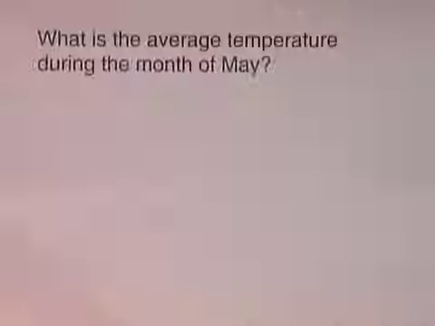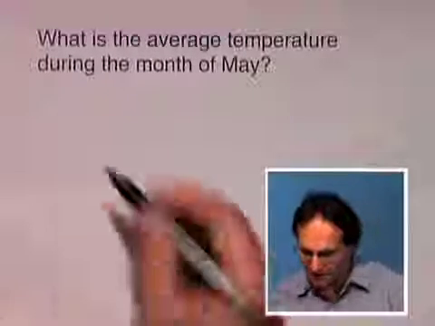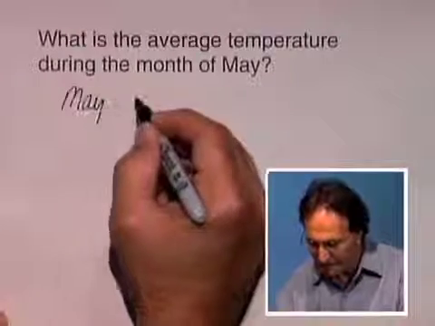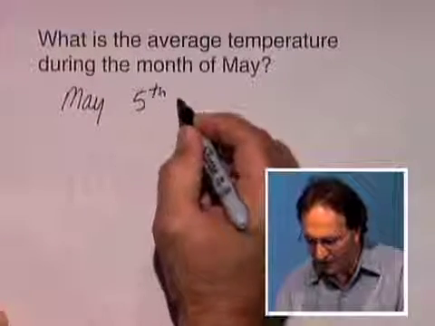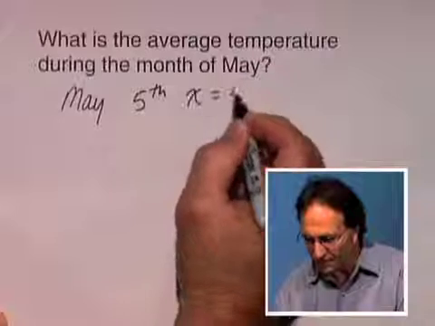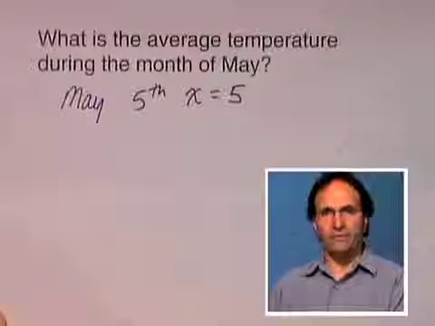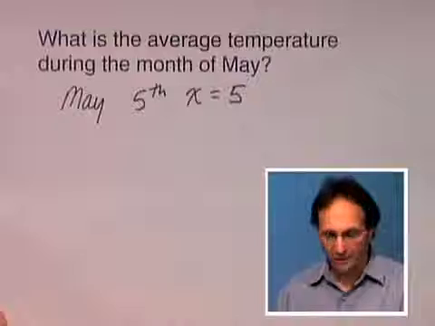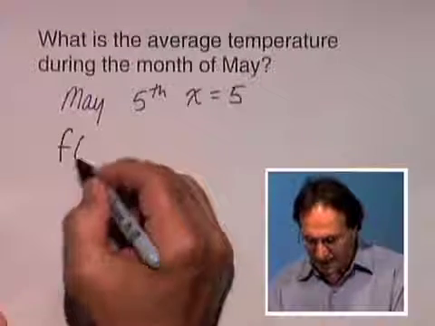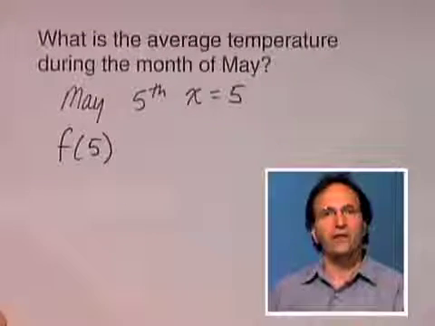Now let's take a look at part B. So I'm going to remove the calculator and bring in part B, which says, what is the average temperature during the month of May? Well, what we need to notice is that May is the 5th month, and so x is equal to 5. So we take our formula, our f of x, and we replace x with 5.